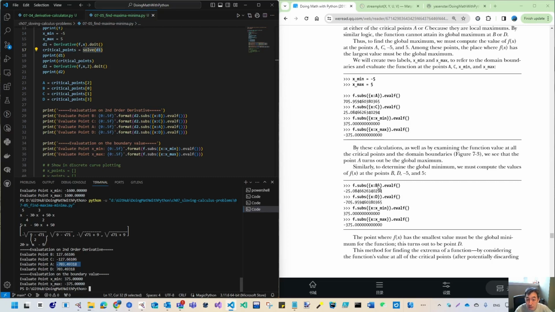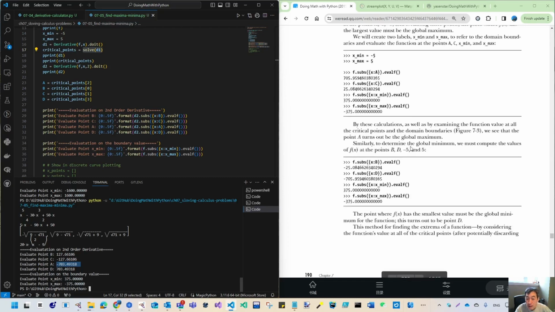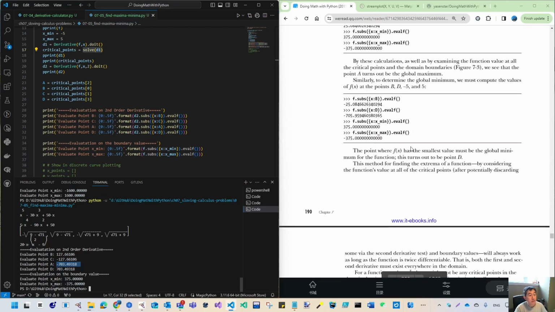We can also evaluate B and D, and compare with A and C on the function level. So you can see that when you use the higher-level derivative, it helps you find those critical points, because you do the solve on the derivative level, or the higher derivative level.